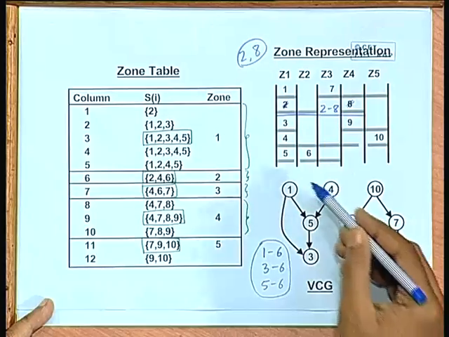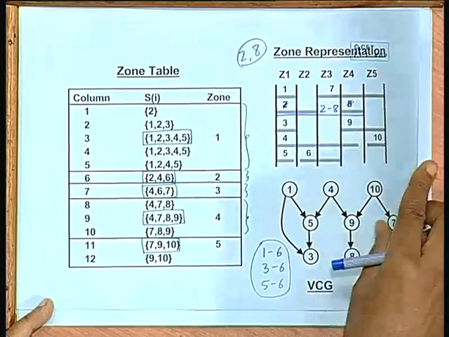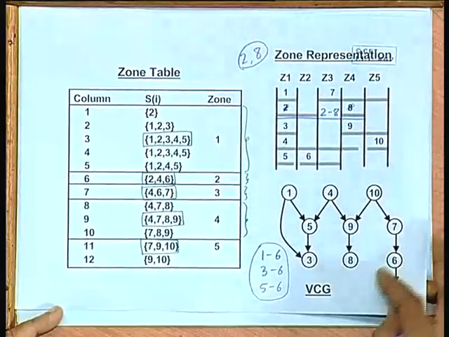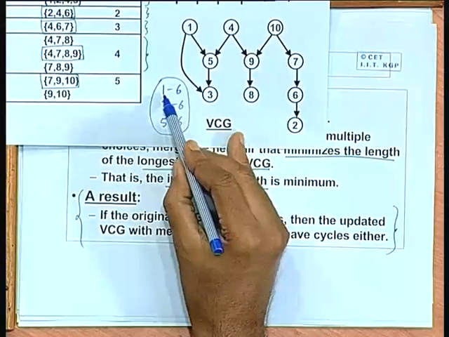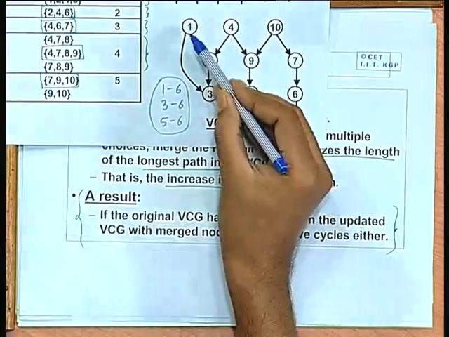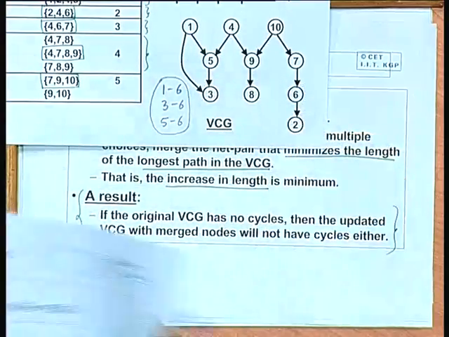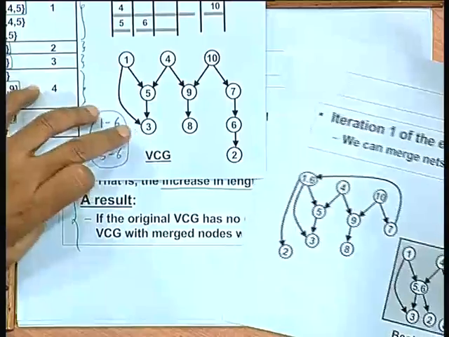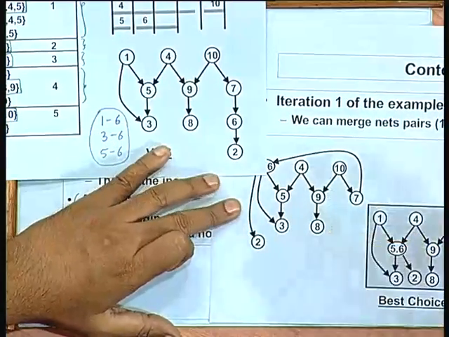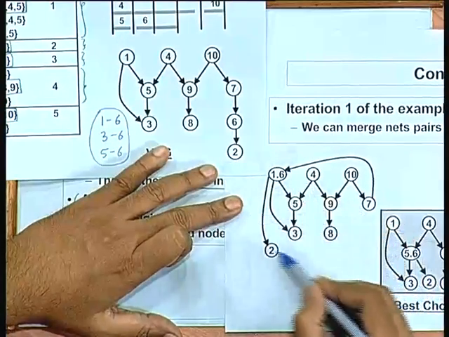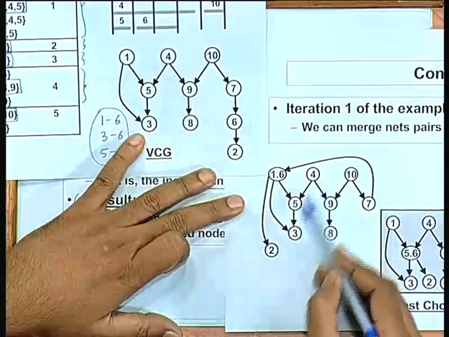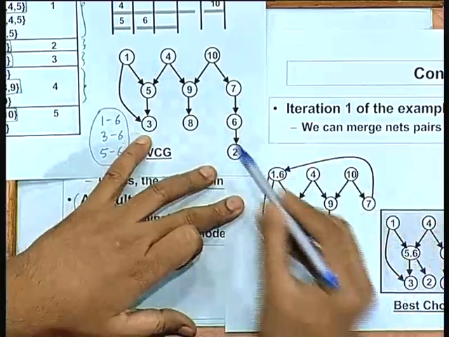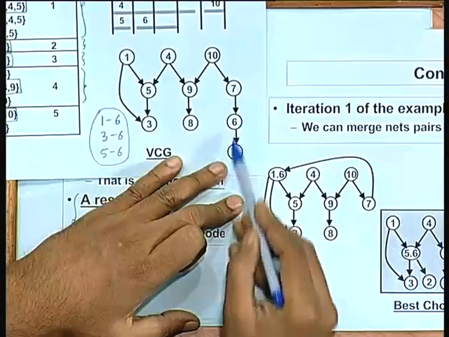Now, with respect to this graph, we can see how we can merge the nodes. Suppose we have this VCG and we decide to merge 1 and 6. I am only showing the VCG. The VCG will become like this. 1 and 6 will get merged, the remaining part remains unaltered, but from 6 there was an edge out to 2.